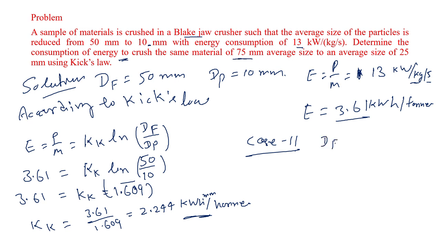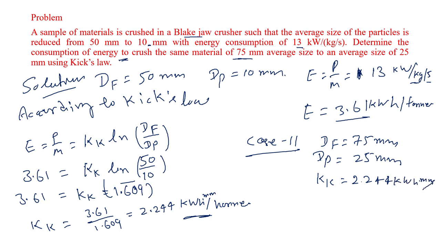So here df is 75 mm, dp is 25 mm. Kk we calculated, because that is the same, since the same machine and same material are used. So the energy in kWh per ton.